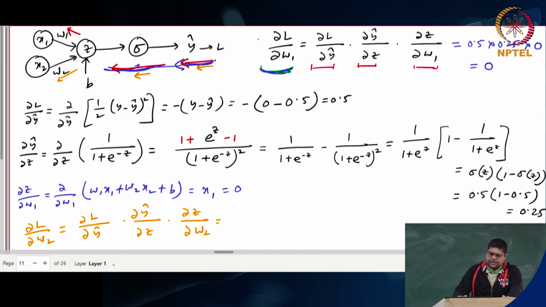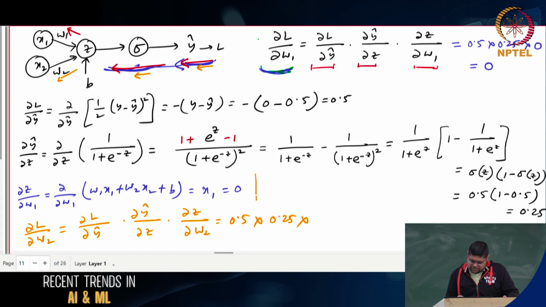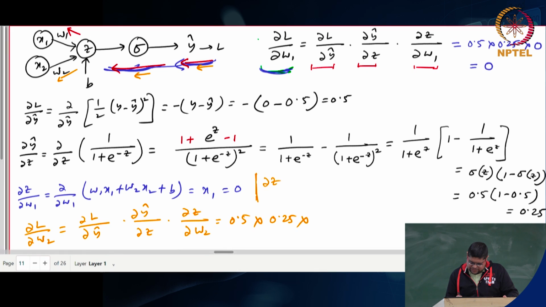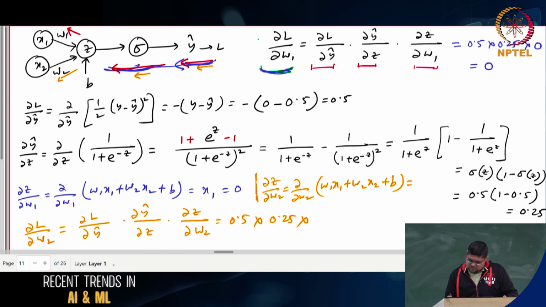So what will be your del L by del Y hat? Same value, right? 0.5 into again the same value 0.25. Now del Z by del W2 I have to calculate. Del Z by del W2 equals del by del W2 of W1 x1 plus W2 x2 plus B, which is x2, 0.